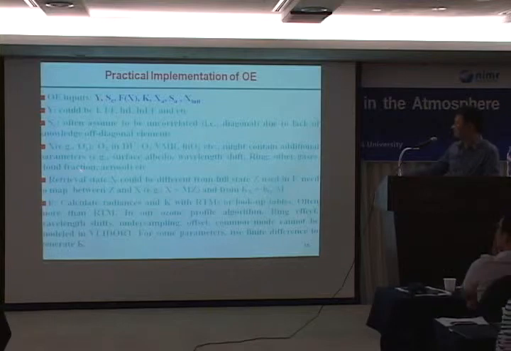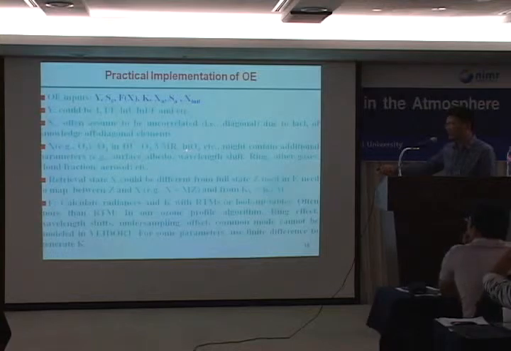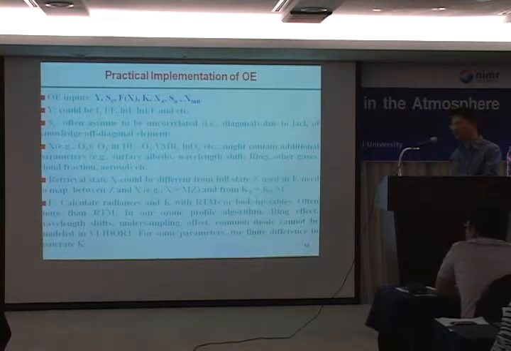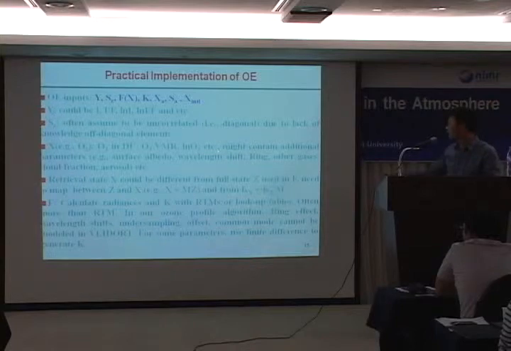For the state vector, like for ozone, it could be partial ozone column, could be mixing ratio, could be the logarithm of the mixing ratio, so that you can always get a positive retrieval. It can contain some additional parameters.